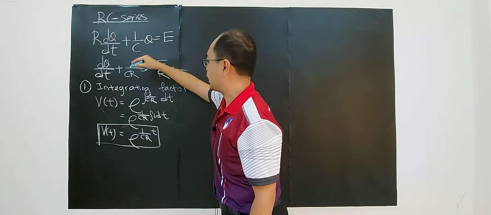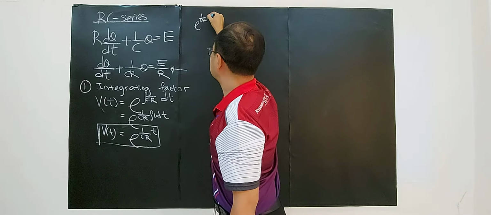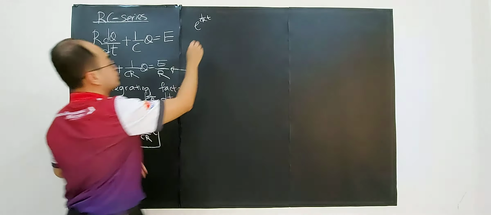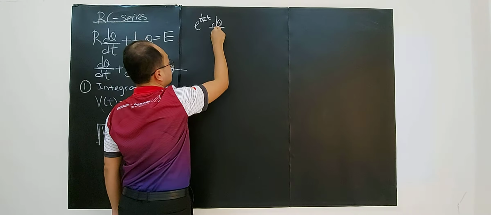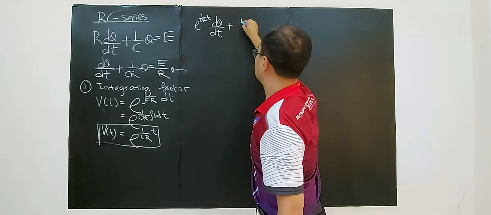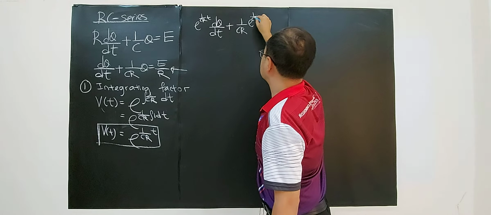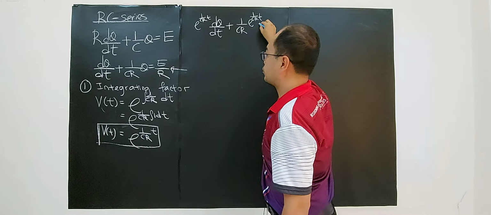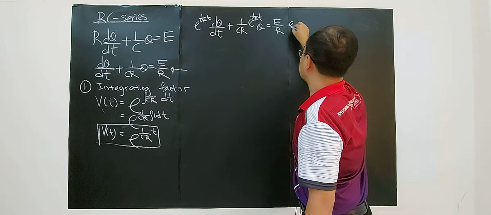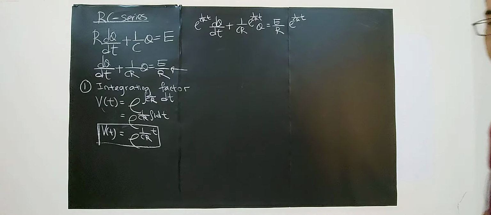So you multiply and you have e to the t over CR times dQ dt plus 1 over CR e to the t over CR times Q equals E over R e to the t over CR.